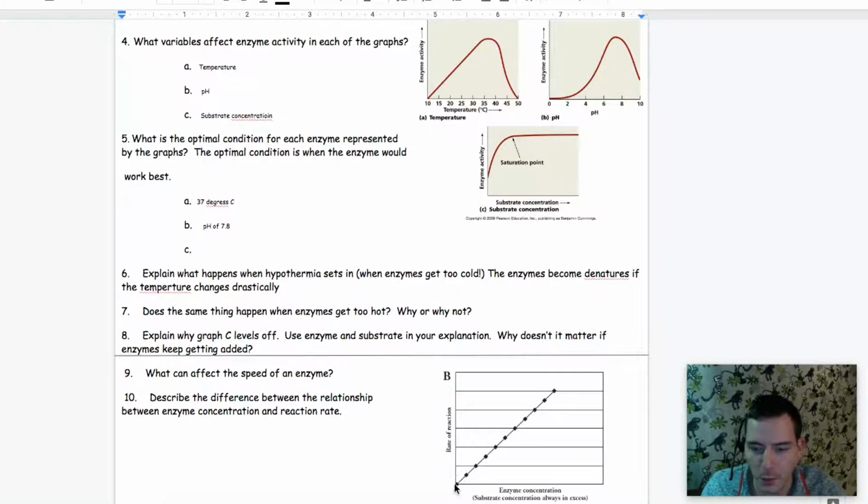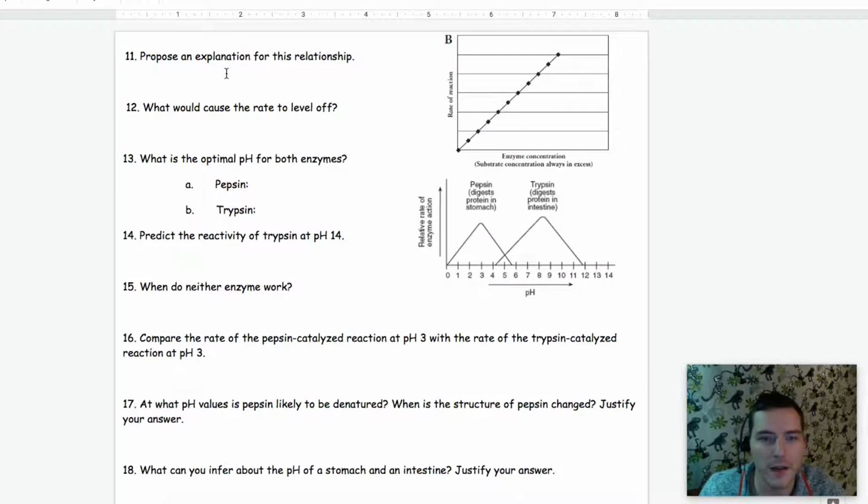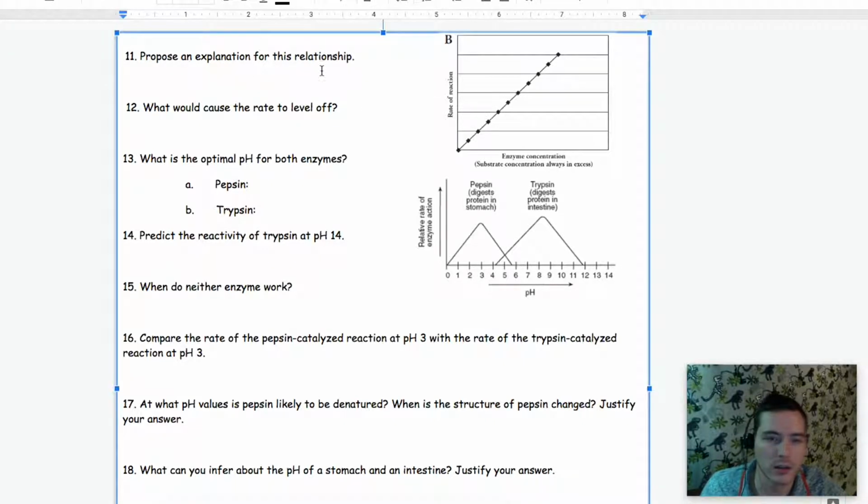That makes sense. If there's more enzymes, the reaction can go much faster. All right, and let's look at 35. Propose an explanation for this relationship. Well, we just said more enzymes make the reaction go faster.